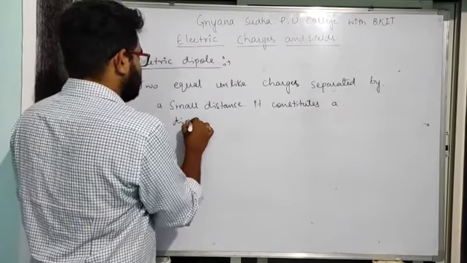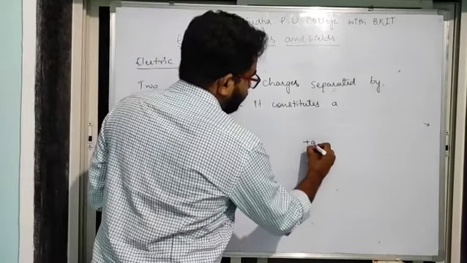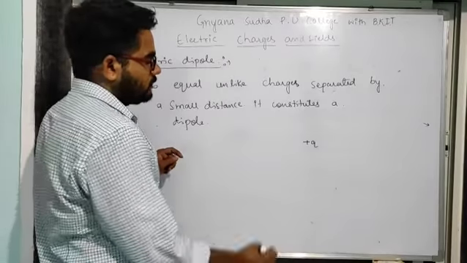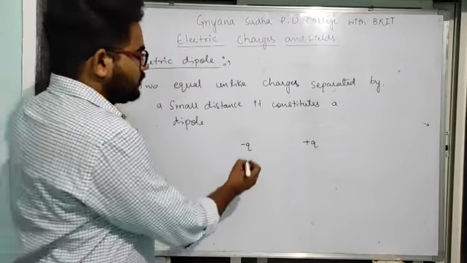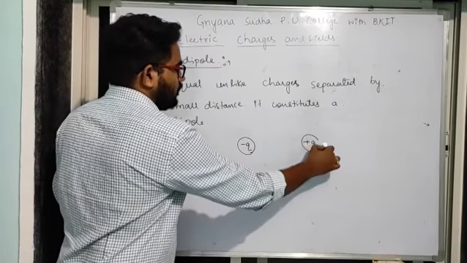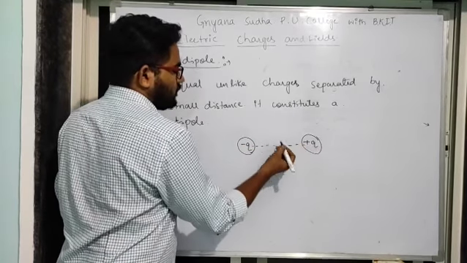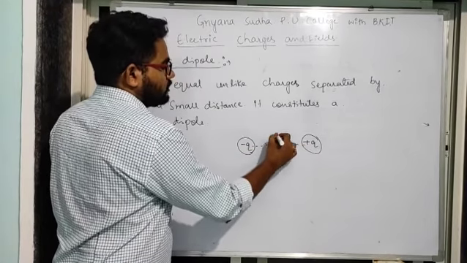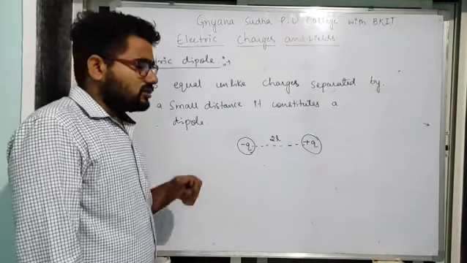उसी को हम बोलेंगे कैसे, मतलब we have taken a positive charge and a negative charge. Okay, this is separated by a small distance that we take as 2L. You can take X also, D also, R also.